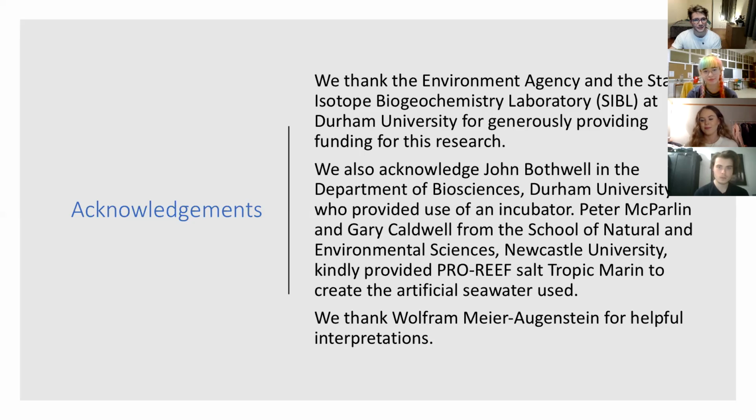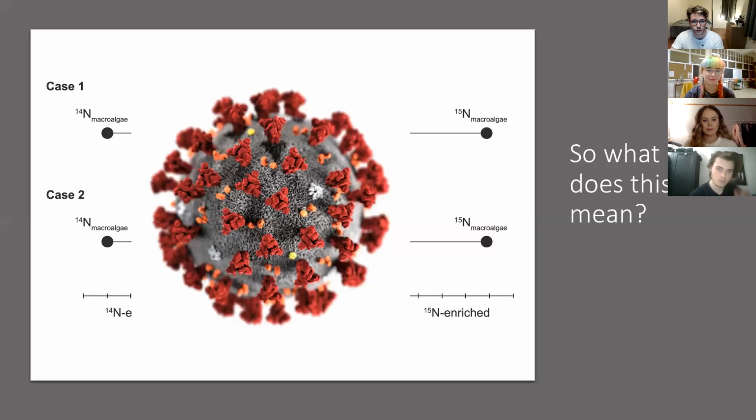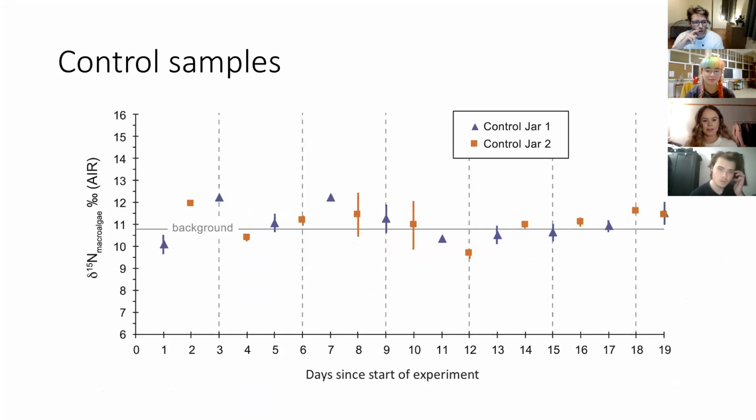Safi, can I ask a question? I know I always jump in. I was wondering if you could go back to one of the slides at the beginning where you were showing the different delta N values for different components, so for the fertilizer and things like that.